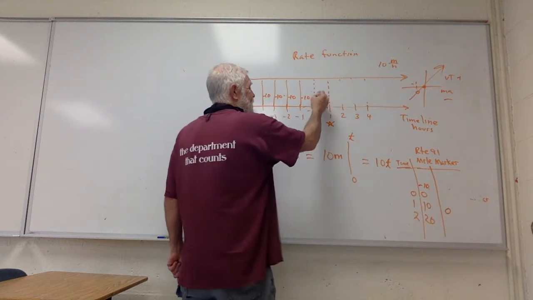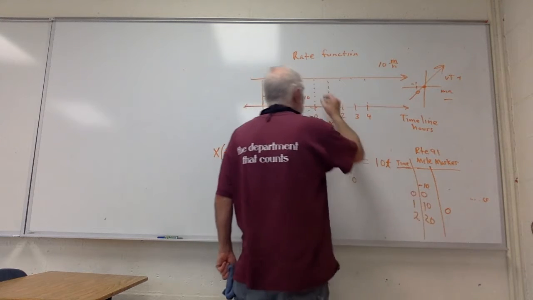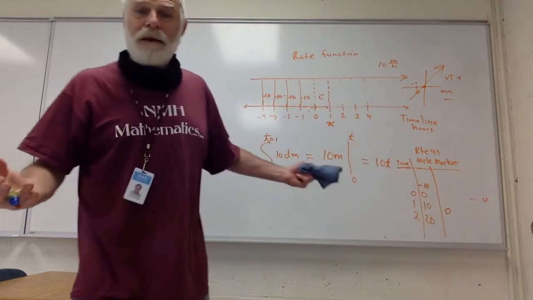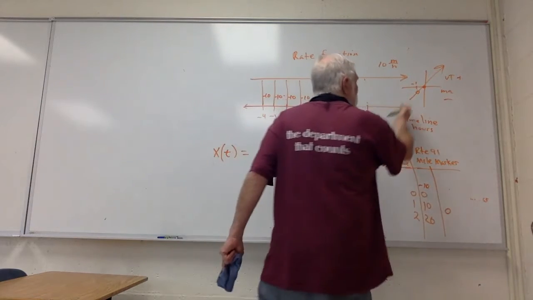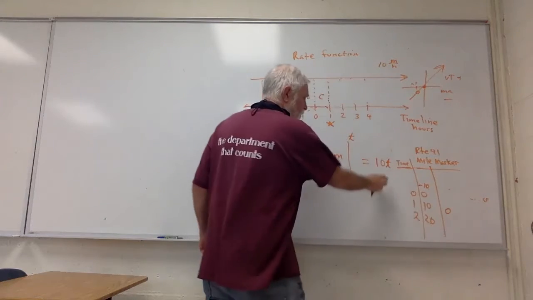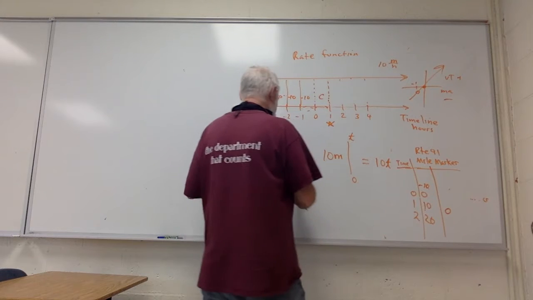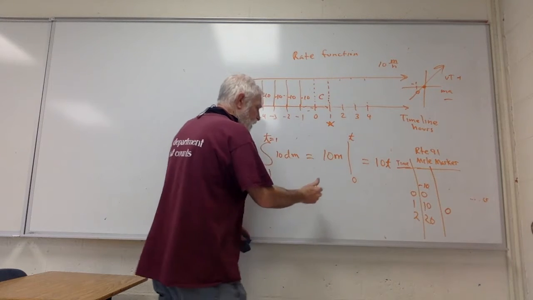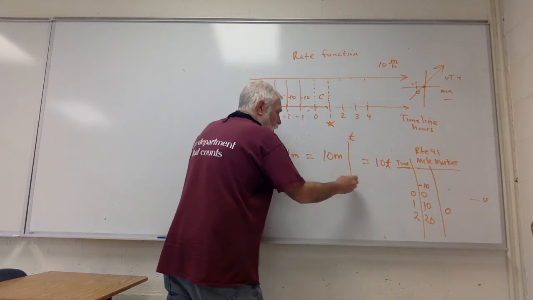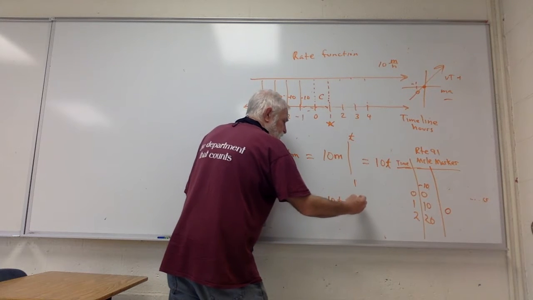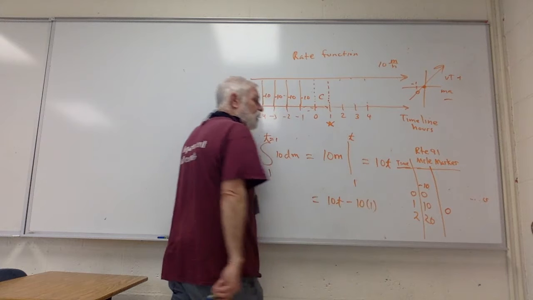Well, I think this is going to differ by a constant. I think we're going to get the same shape. We're still going to get a linear function, still going to be a 10t, but now I think it's going to be, well, let's do it out and find out. So we've got to 1. Oh, that's 10t minus 10 times 1.